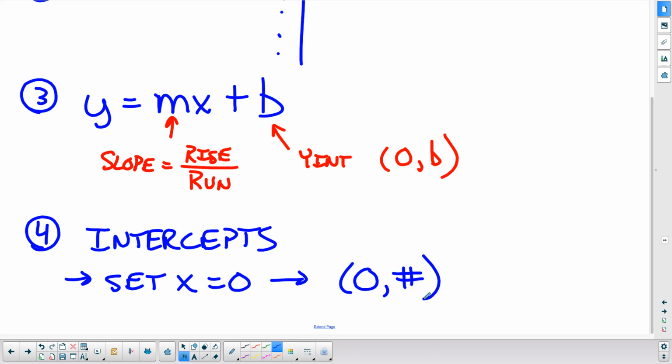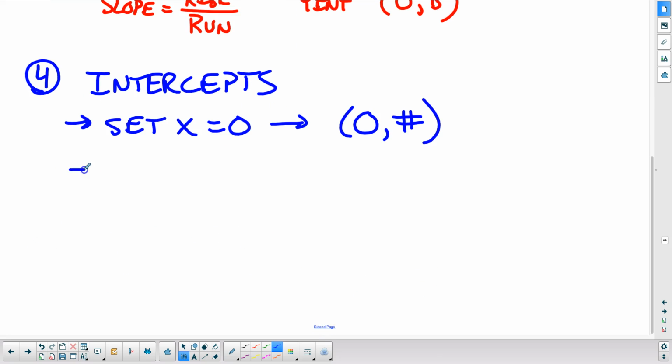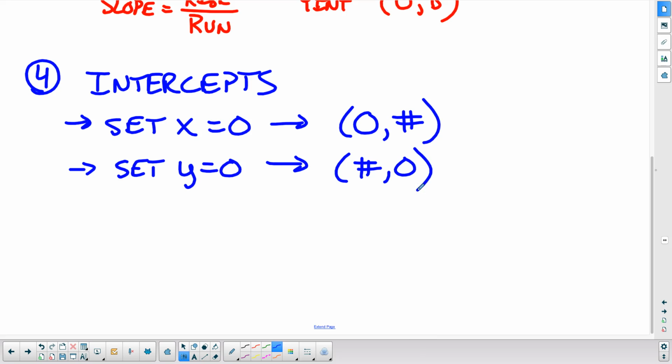That's going to solve for y. That's going to give you the y-intercept. If you set y equal to 0, that's going to give you some number, comma, 0. That's going to give you the x-intercept. And you only need 2 points to make a line. So that's another way of doing it.